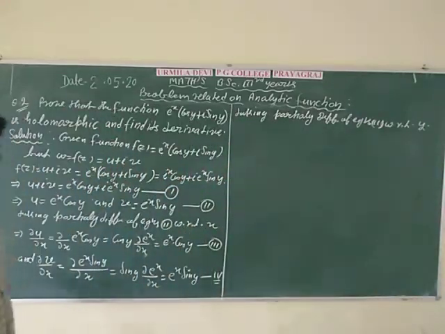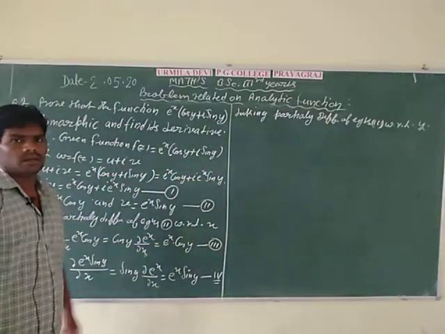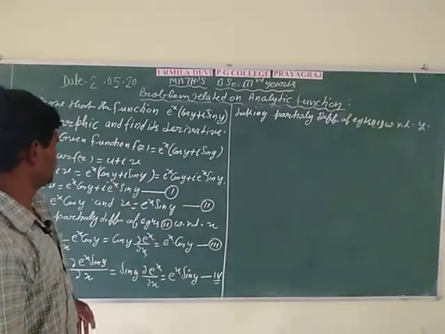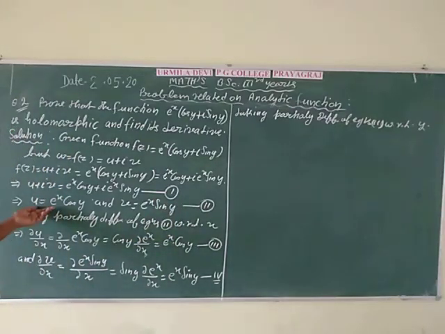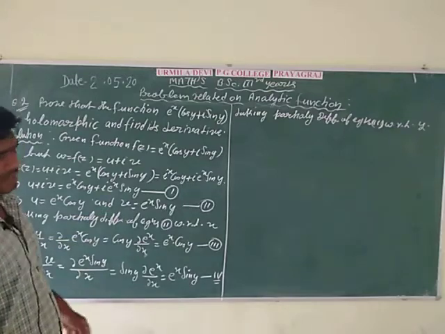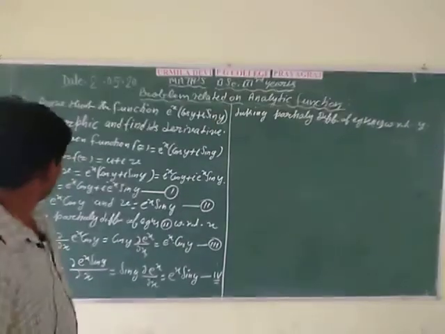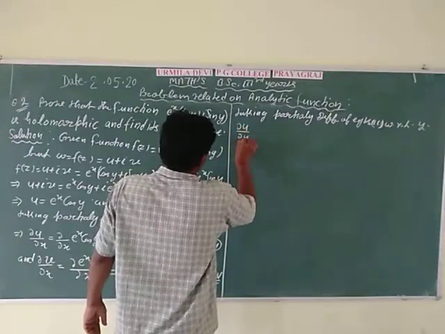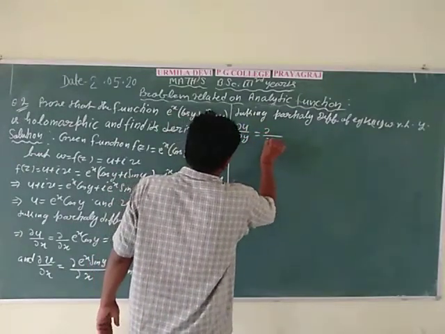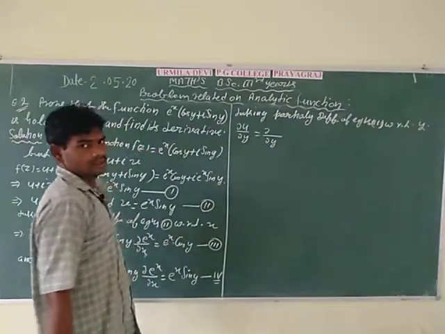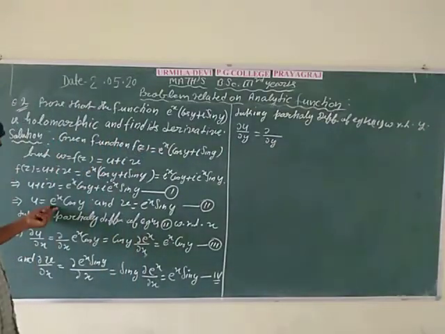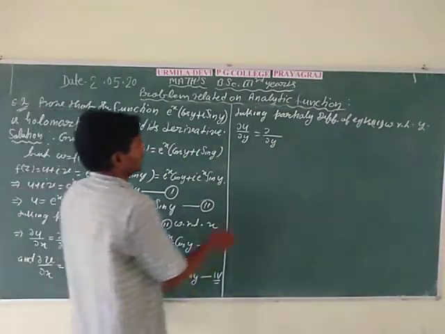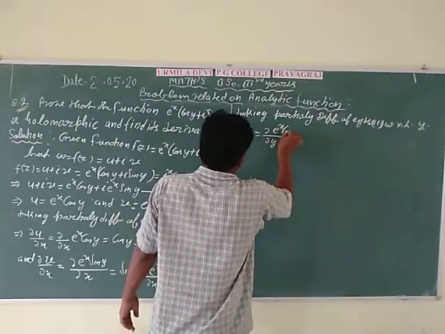First with respect to small x, after then taking partial differentiation of equation 2nd, means real value and imaginary value, with respect to y. So here del u by del y is equal to del by del y, putting the value of real value of u, which is e to power x cos y.